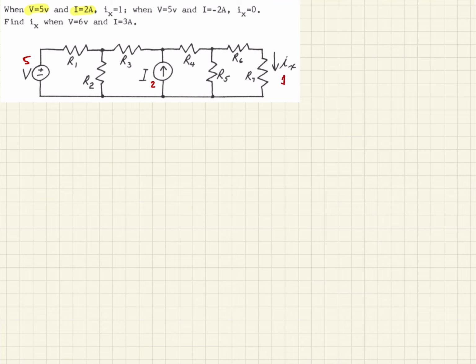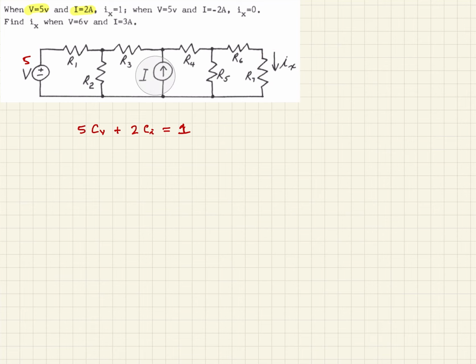So in that case, we can express that as 5 times what we'll call CV, that's our voltage, plus 2 times CI, our constant current. These are constants, having constant linear relationships. The outcome of the component we're looking for here is equal to 1.